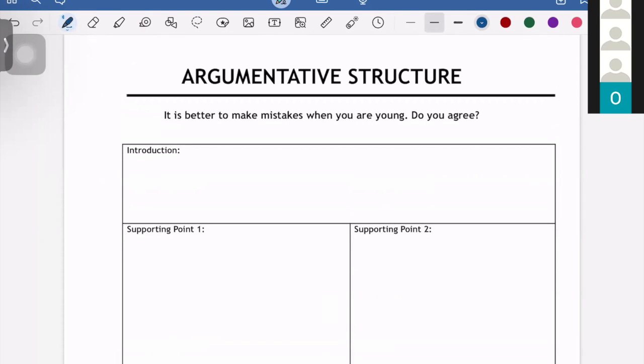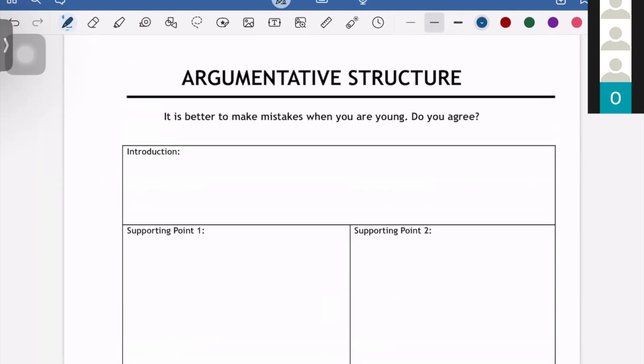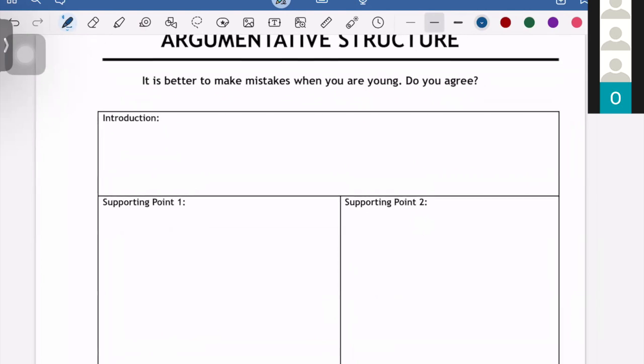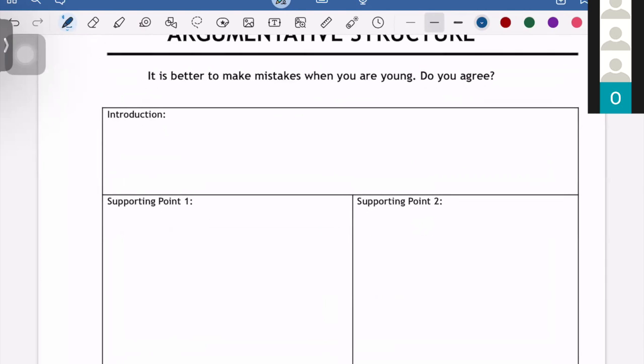Okay, moving on to argumentative structure. Content to include for your introduction paragraph. You can use the hook or give me background information about the topic, and state your stand.